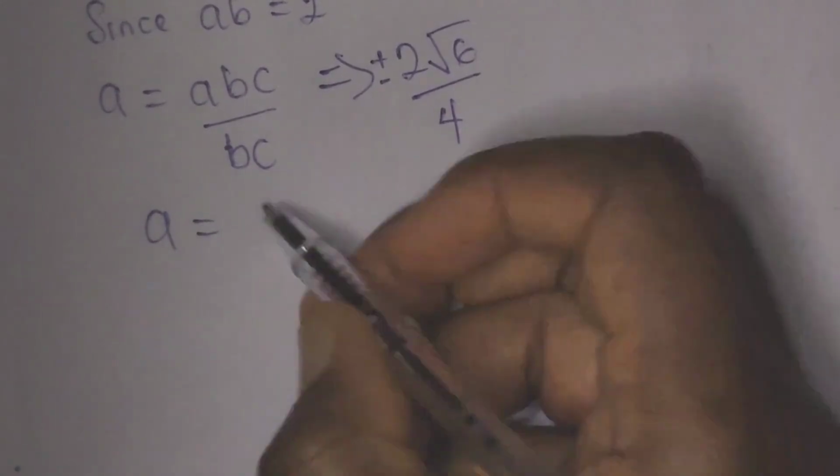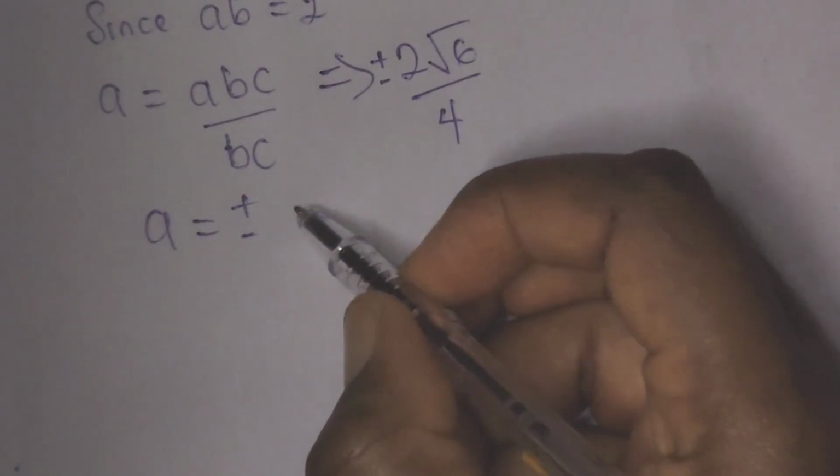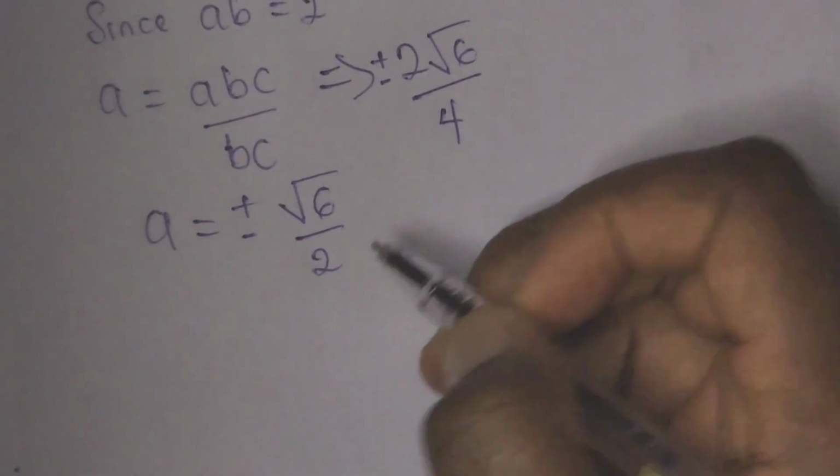So A is equal to plus or minus root 6 over 2.